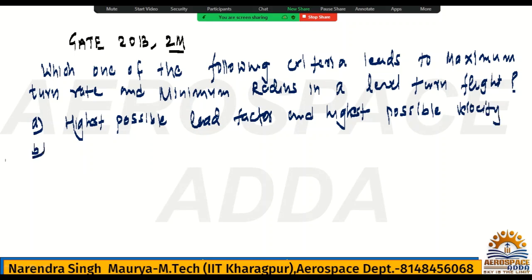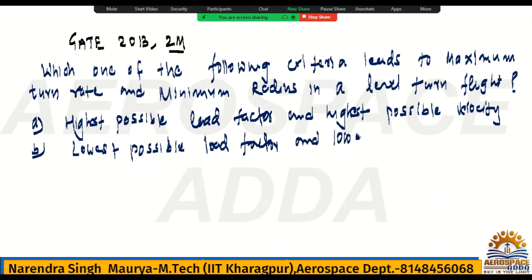Option B: lowest possible load factor and lowest possible velocity.